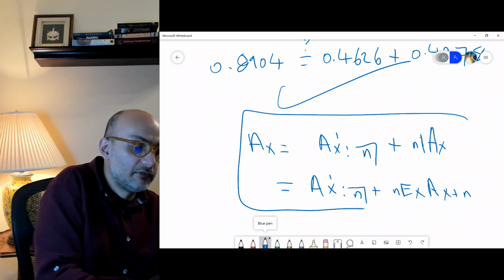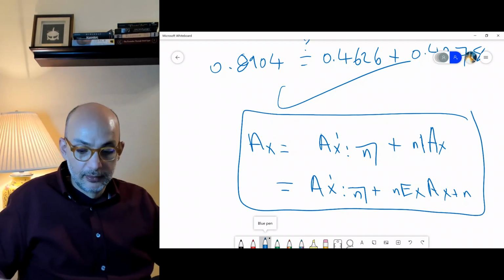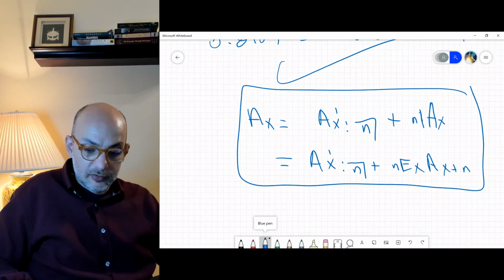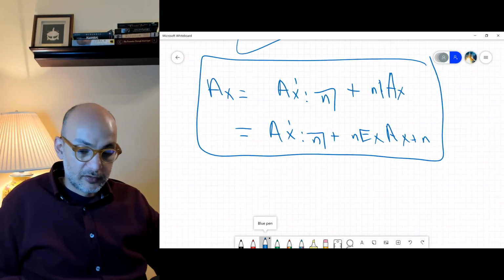Those formulas are very, very important. We already started this recursive relationship here.